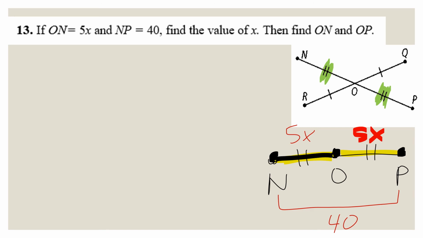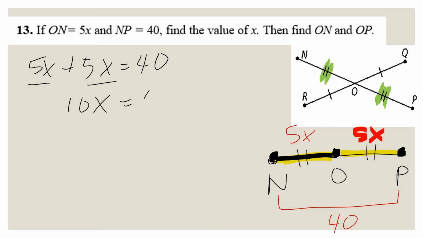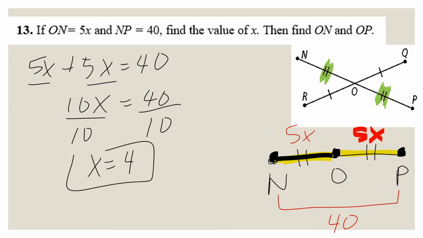So in order to find x, we can just set it up as an algebraic equation. 5x plus 5x equals 40, because the first one is ON and the second one is OP, the length of it. So 5x plus 5x is 10x. And then we need to divide both sides by 10. So x equals 4.